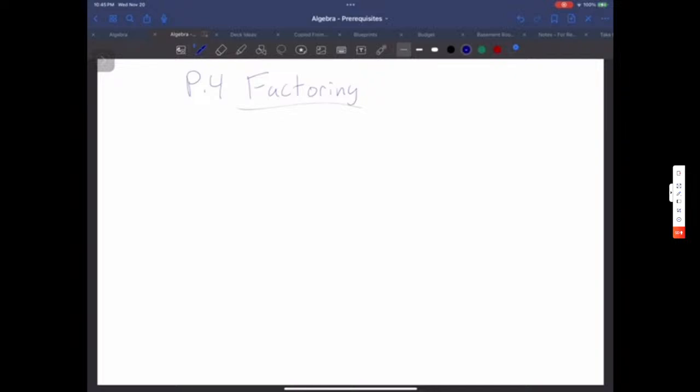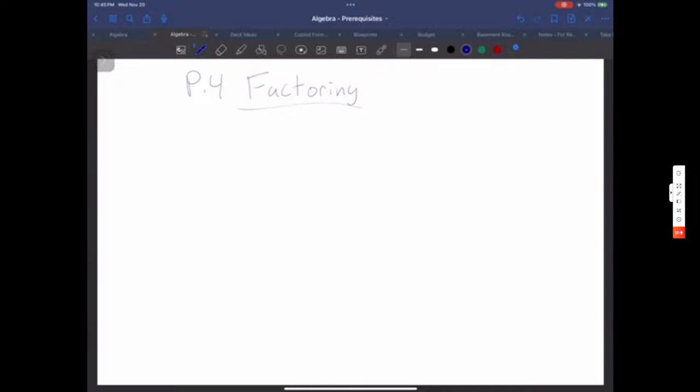What that means in English is taking a polynomial and writing it down as smaller polynomials or binomials or whatever that end up being multiplied together to make that polynomial.